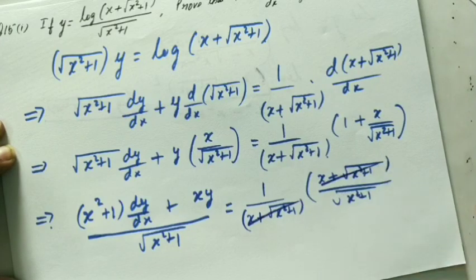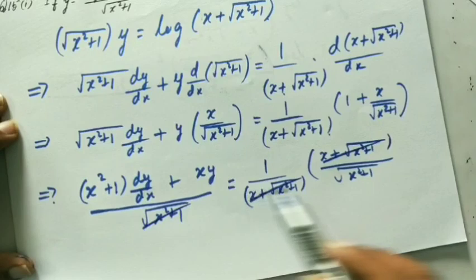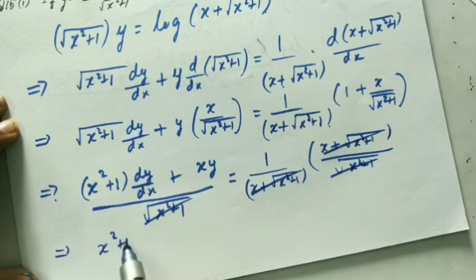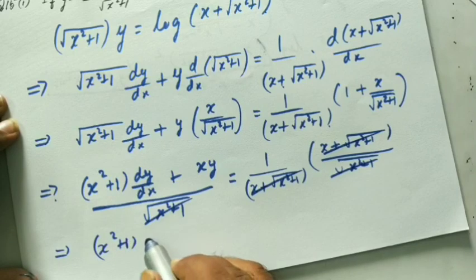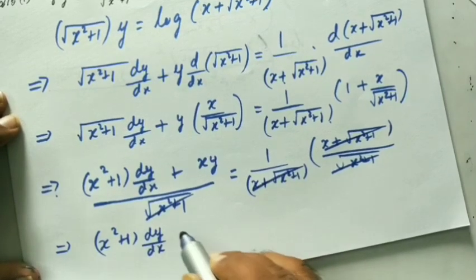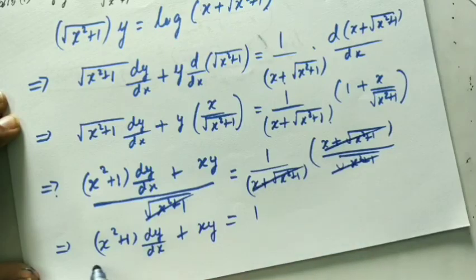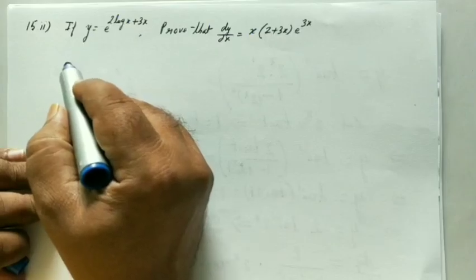This and this get cancelled, this and this get cancelled. What is left? dy by dx plus xy is equal to 1.